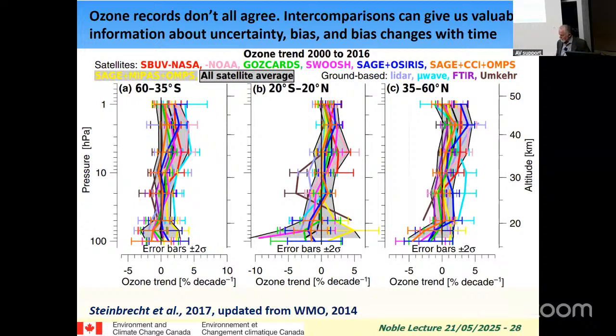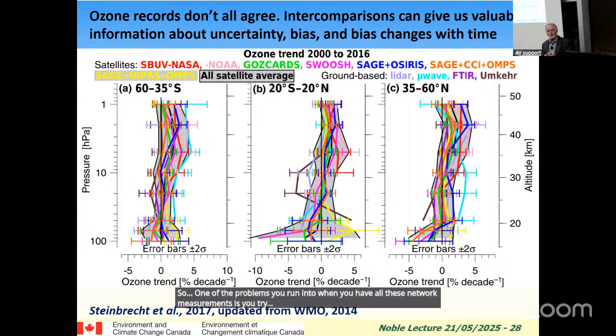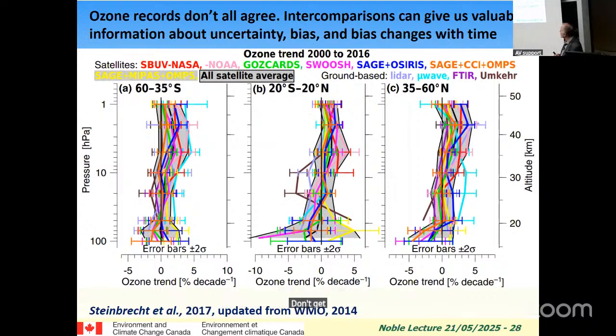But ozone records don't all agree. One of the problems you run into when you have all these network measurements is you end up comparing them and you go, we don't get quite the same thing. So you need to sort out the differences. It's an opportunity, but it's also an obligation.